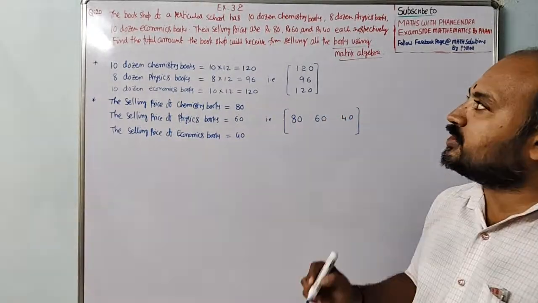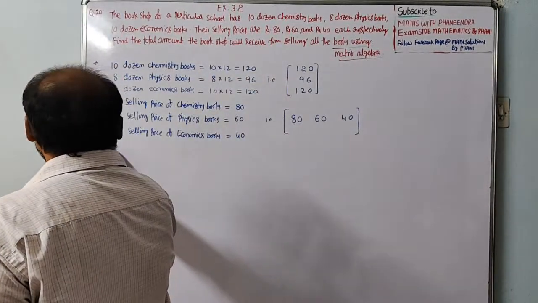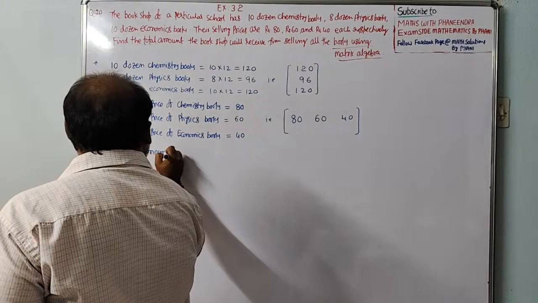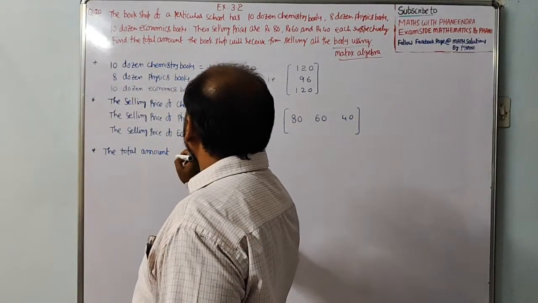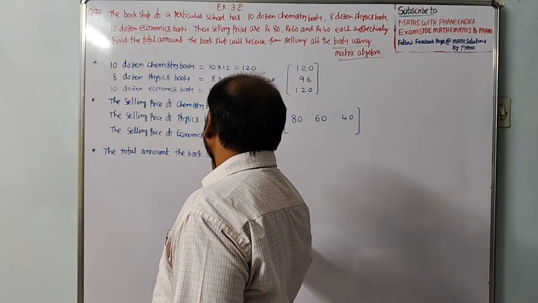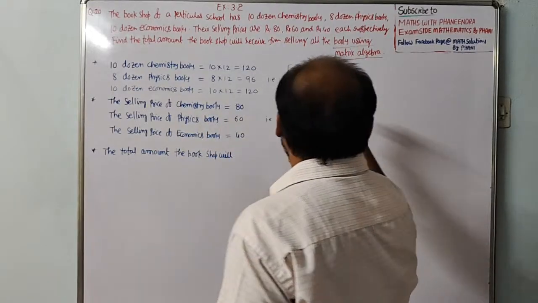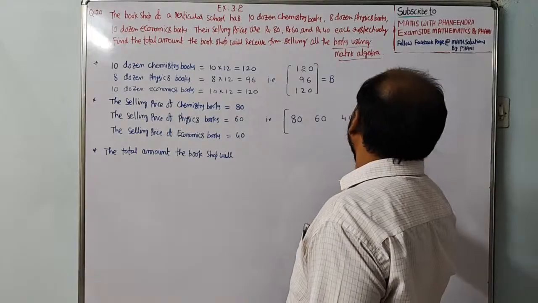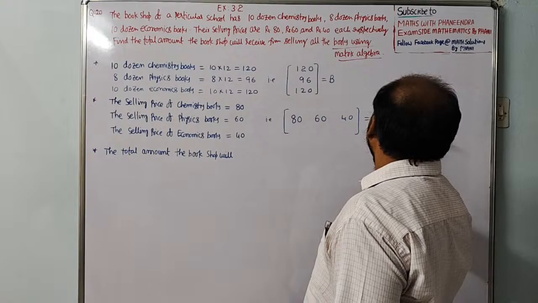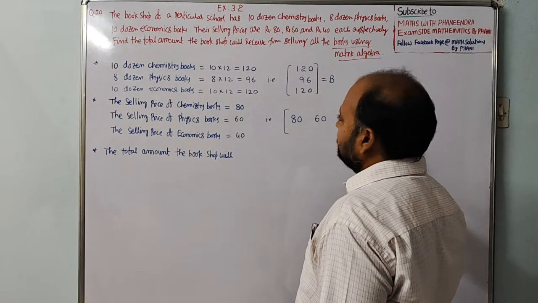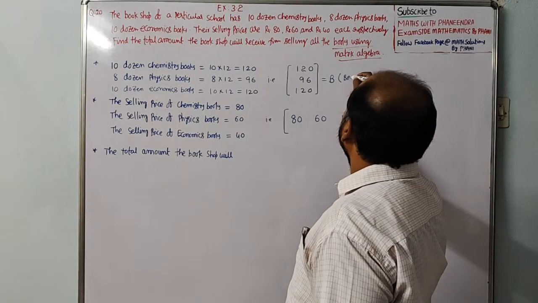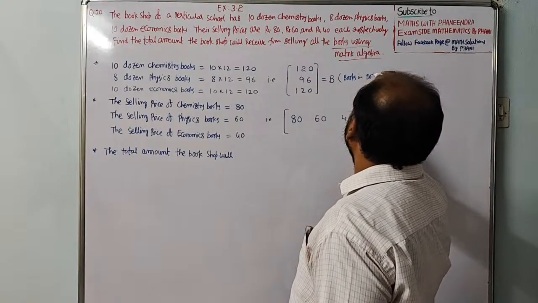So therefore the total amount the bookshop will receive from selling all the books. Here the number of books you take as books, here A means amount, the price, here books in dozens.